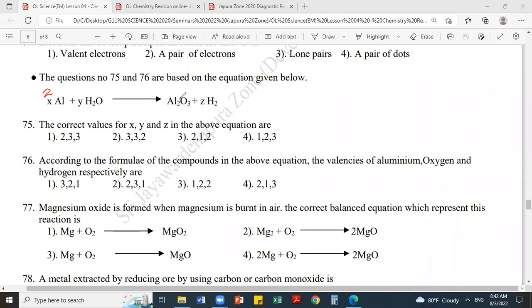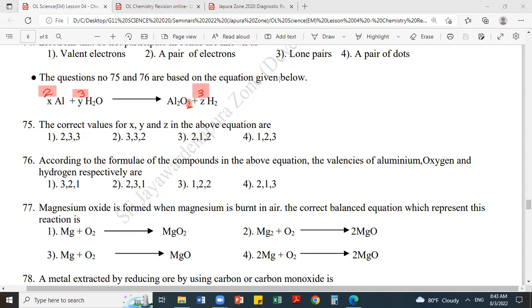For balancing oxygen, you have to put 3 in front of H2O, because there are 3 oxygen in aluminium oxide. Then hydrogen becomes 6, so you have to put 3 in front of H2. So it becomes 2, 3, 3. The answer is the first one.